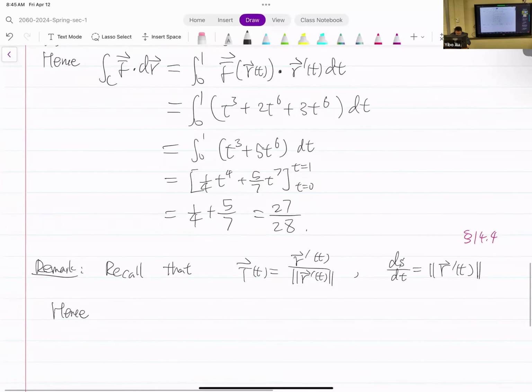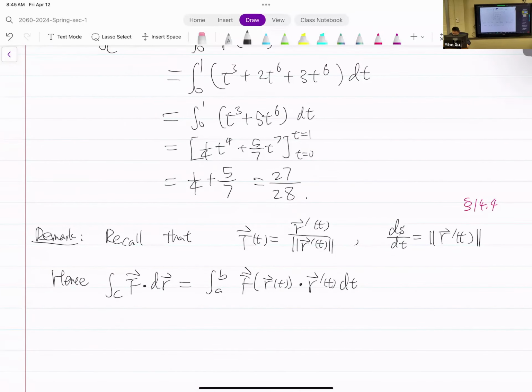Hence, when we write down the line integral, we are writing the equation again. But now, if we are able to write r prime in another way, okay? So r prime, from the equation above on the left hand side, is actually the magnitude times the unit tangent direction, right?